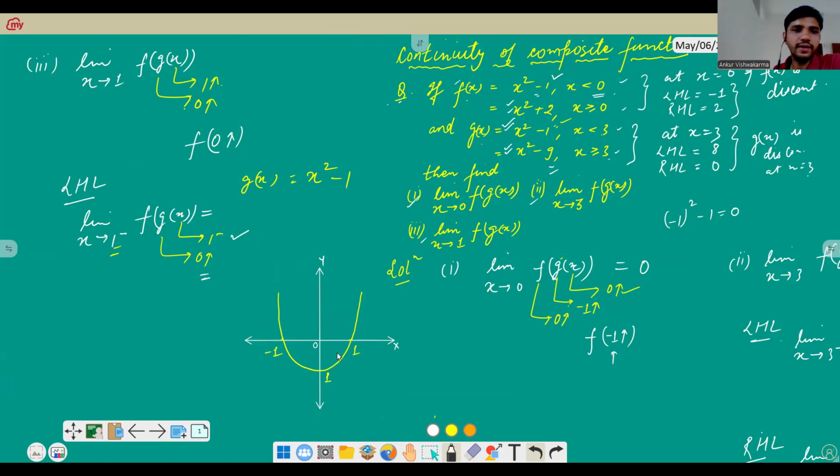When x approaches towards 1 from the left-hand side, g is approaching towards 0 from the negative side.